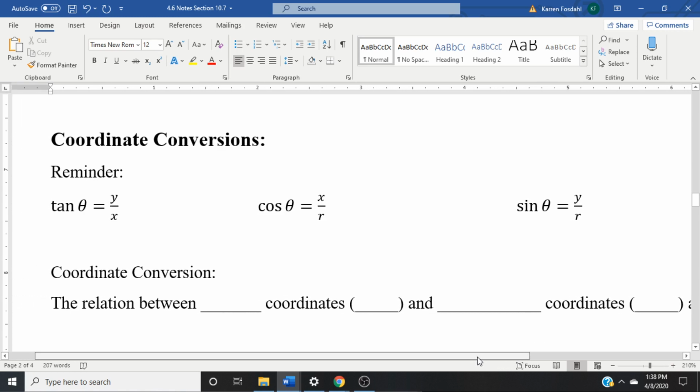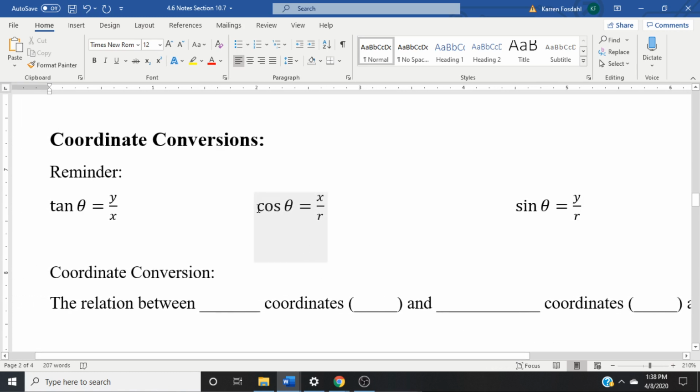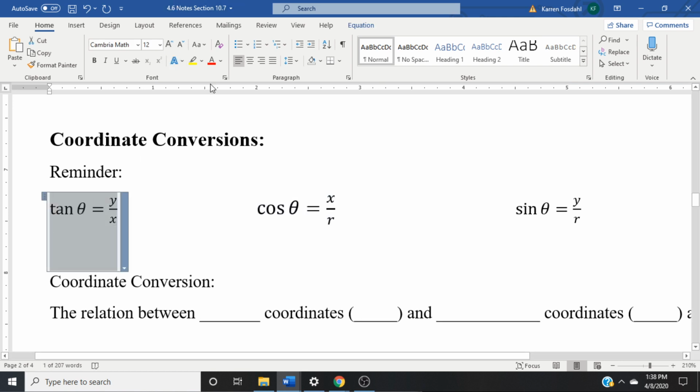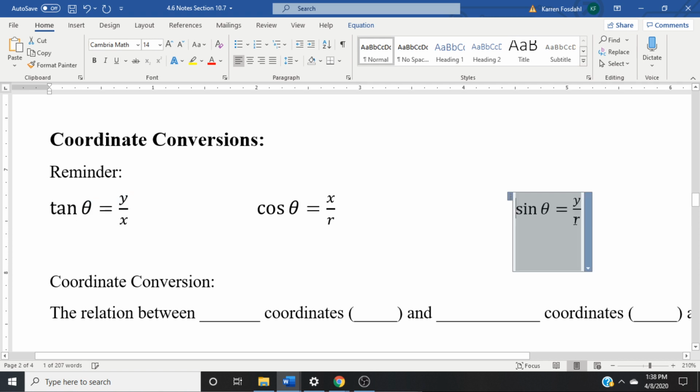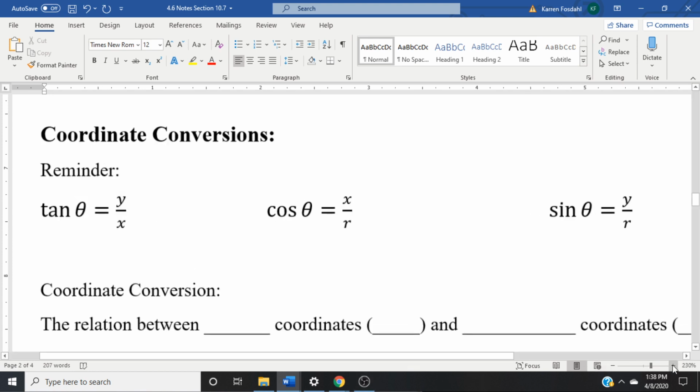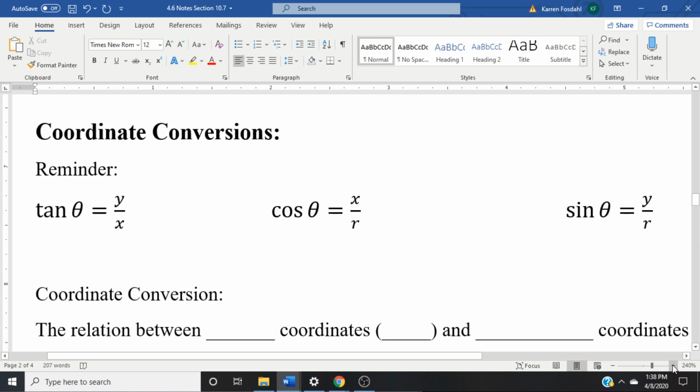I can actually just make this font bigger. That'll help. For some reason I can't see the equal signs. Okay, there we go. Okay, so remember this.